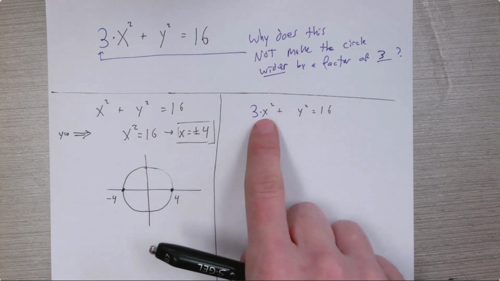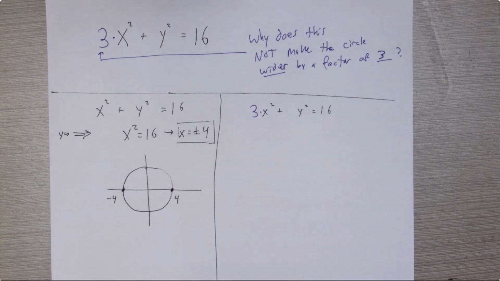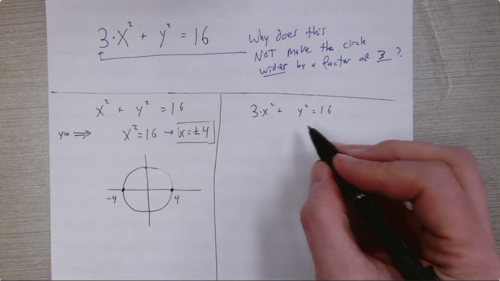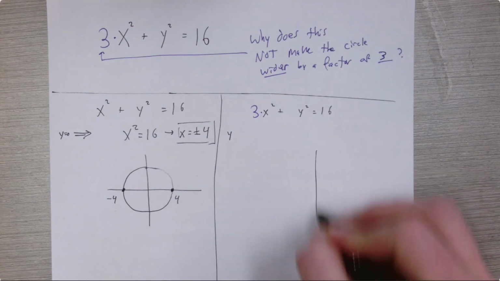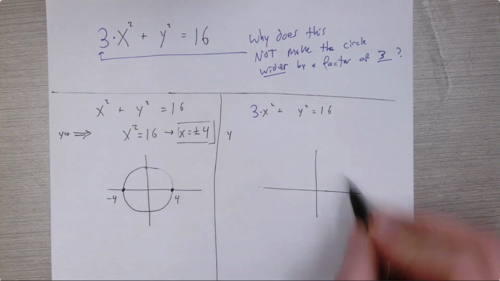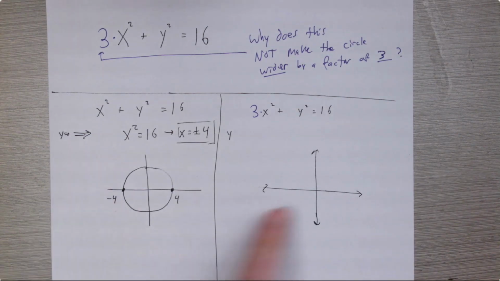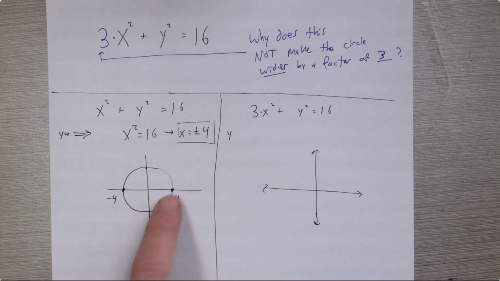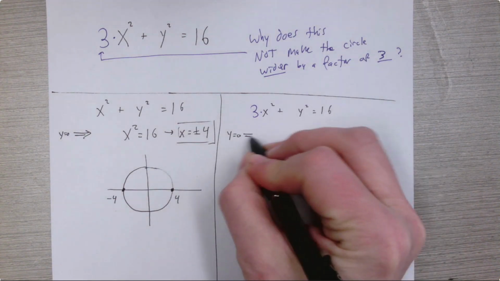So let's see what happens when we solve for the x values and what effect the 3 is actually having on that computation. Same thing. I'm not going to draw my circle yet because we don't know what it looks like yet. But let's choose the same y equals 0. So I want to see what happens to those two x values at 4 and -4. I'm plugging in y equals 0.